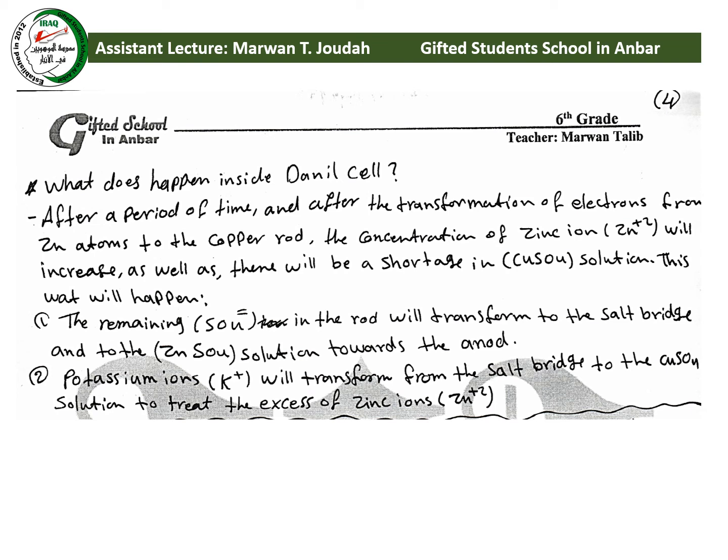The remaining SO4 negative ions will move through the salt bridge to the ZnSO4 solution towards the anode. So the bridge will transfer these ions. Potassium ions, K plus, will move from the salt bridge to the CuSO4 solution to balance the excess of the zinc ions.